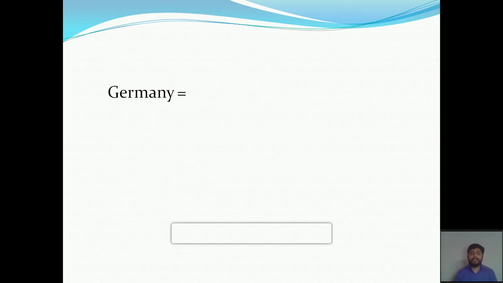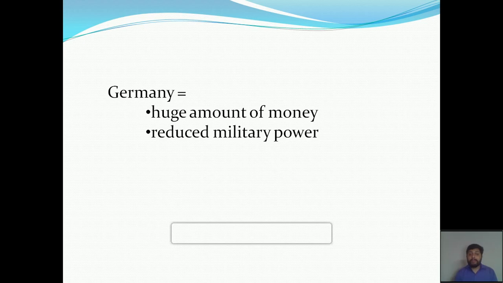Now, the condition of Germany, the feeling of Germany. Germany was forced to give a huge amount of money as compensation to other countries because of their involvement in the First World War. And Germany was forced to reduce military power.